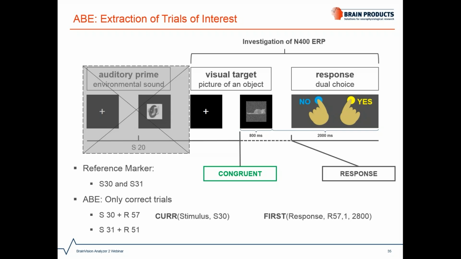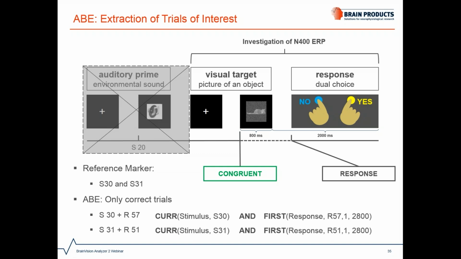Now I need to combine these two statements, and they should both apply, right? So AND has to be in the middle of them. Now we need to do the same for S31 and R51, and it looks identical. The only thing to change is that S31 has to go here, and R51 has to go here. Everything else is the same. And now these two statements also need to be connected, because at the moment they are just two statements on their own.